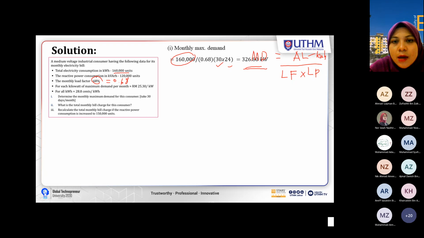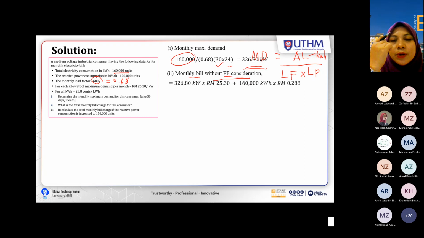Okay, this one is the monthly maximum demand. So how do you calculate the monthly bill without power factor consideration? We do this without power factor first, but actually for industry there must be power factor consideration. Earlier it said for each kilowatt of maximum demand per month it is RM25.30 per kilowatt.